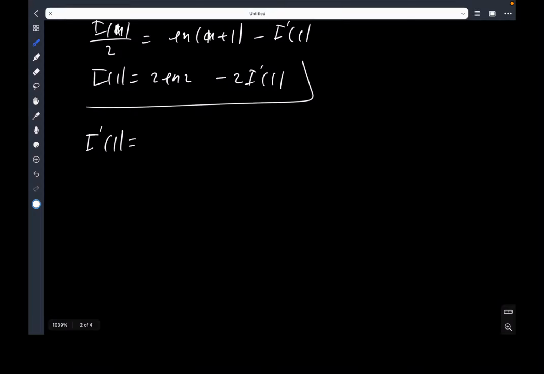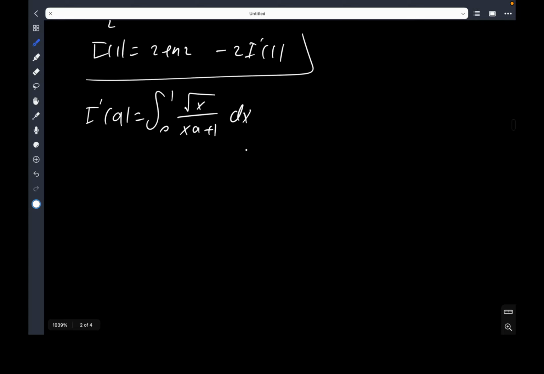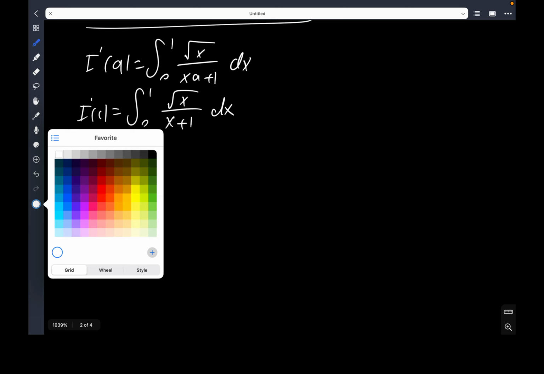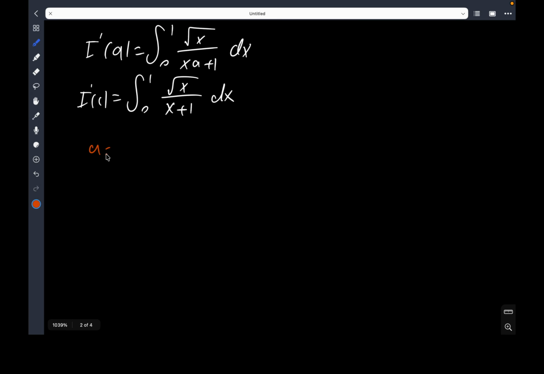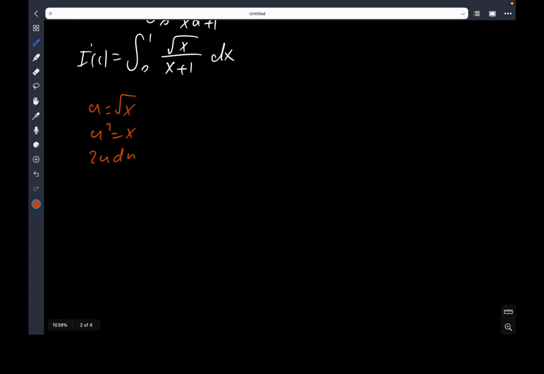Now, I prime of a is the integral from 0 to 1 of root x over xa plus 1 dx, and I prime of 1 is the integral of root x over x plus 1 dx. Now I'm going to let u be equal to root x, u squared is x, 2u du is equal to dx, so I can replace dx here.